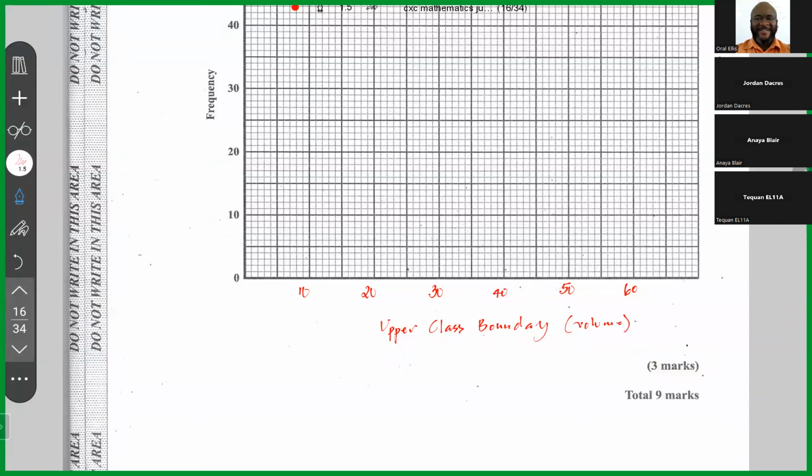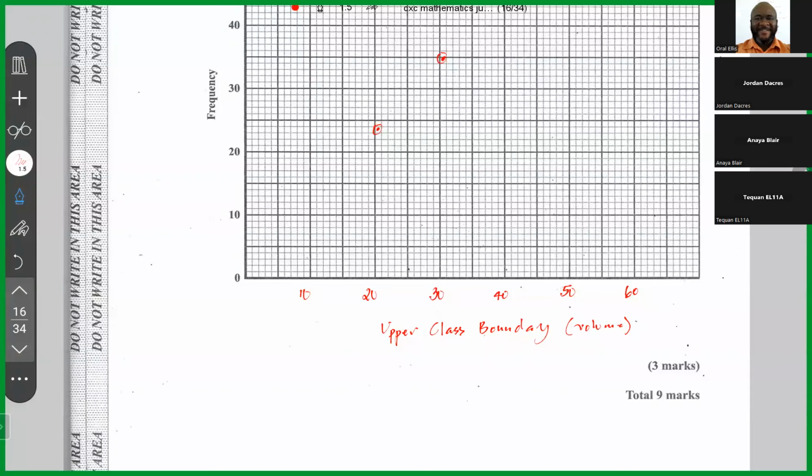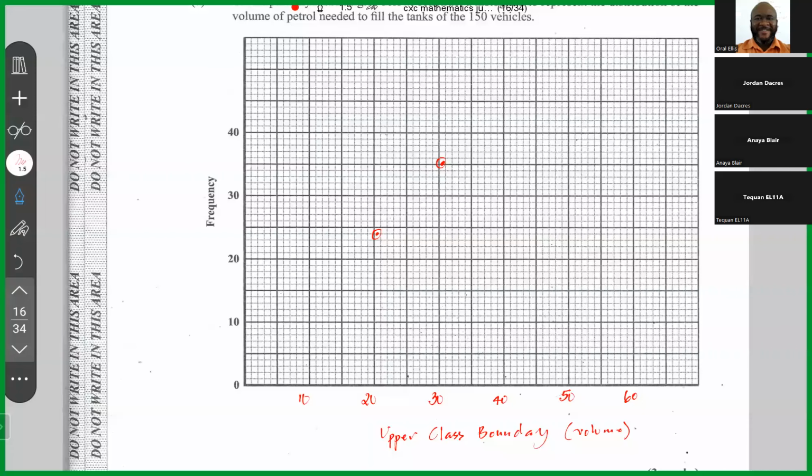So 20.5 corresponds to 24. That would be there. The next one is 30.5, which corresponds to 35. So it's important that we had put in the frequency. That would be here. So 2 things we're plotting for the histogram: the upper class boundary and the frequency.